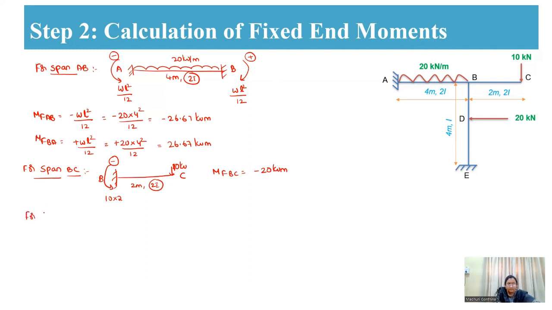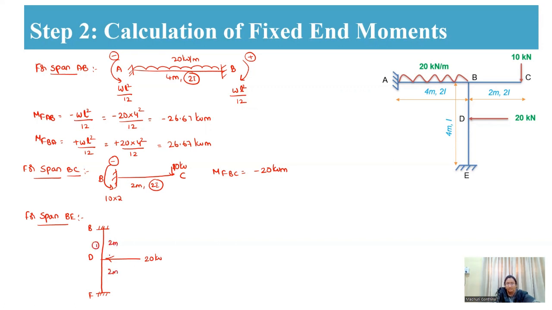Next step, for span BE. If you consider the BE span, this is B support and this is E support. Here at the center, you have a lateral load acting, that is 20 kilonewton. This is 2 meters and this is 2 meters.